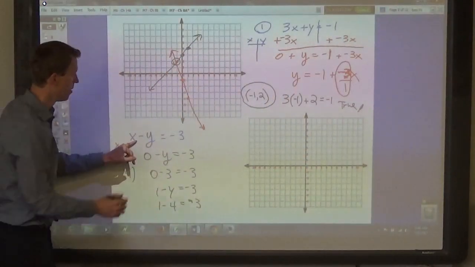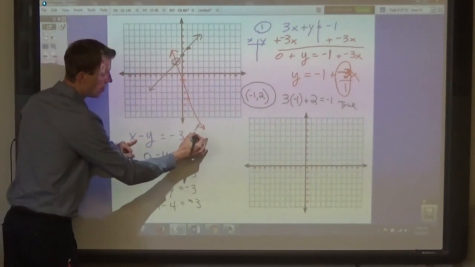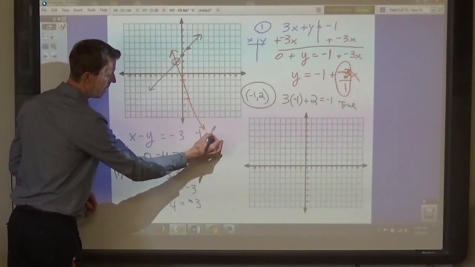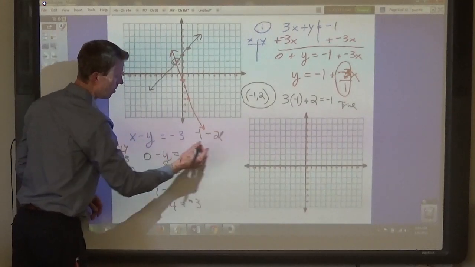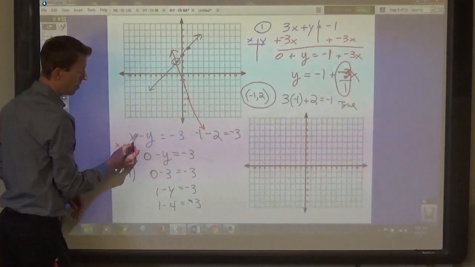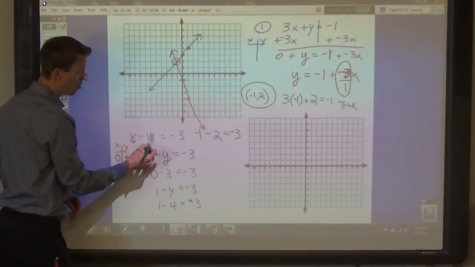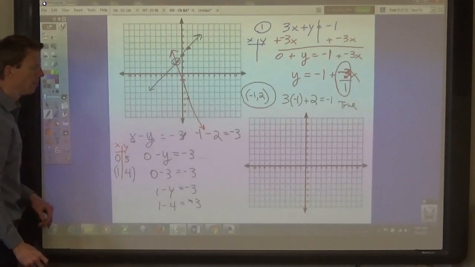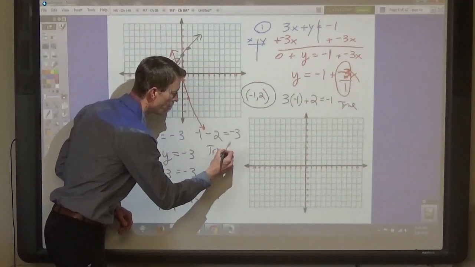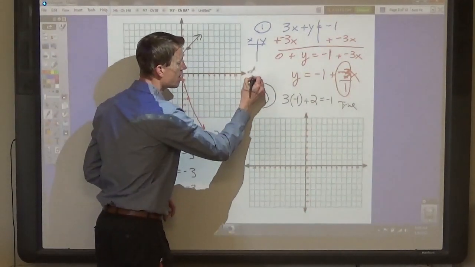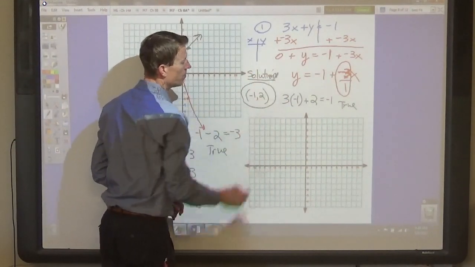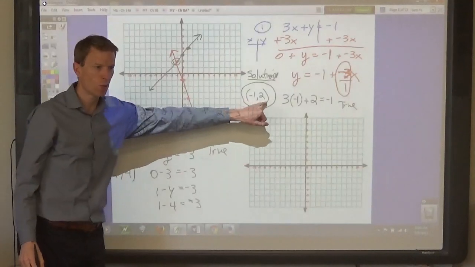And using this equation, negative 1 minus 2 equals negative 3. Is that true? Yes. It makes them both true, and so this is the solution. The solution is negative 1 comma 2.